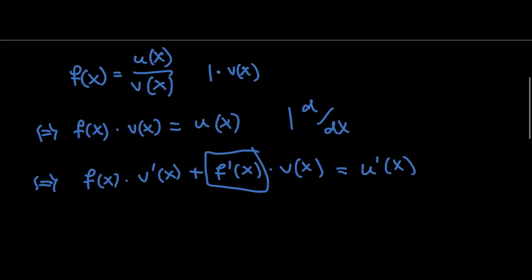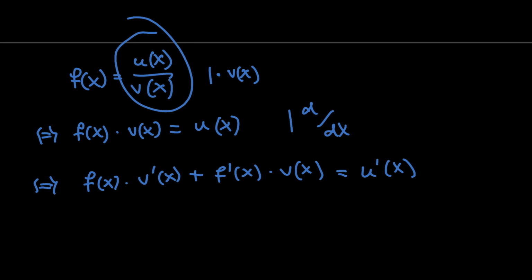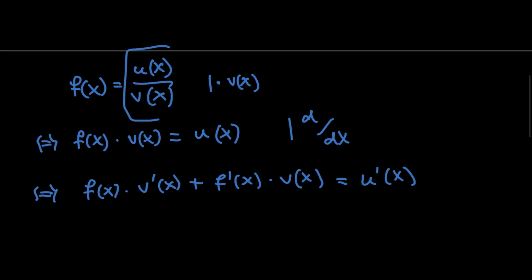But first, I'm going to rewrite this f of x as u of x over v of x. And the reason for that is because when we get an expression for f dash, the derivative, I don't want any f's in there. I just want it in terms of u and v.